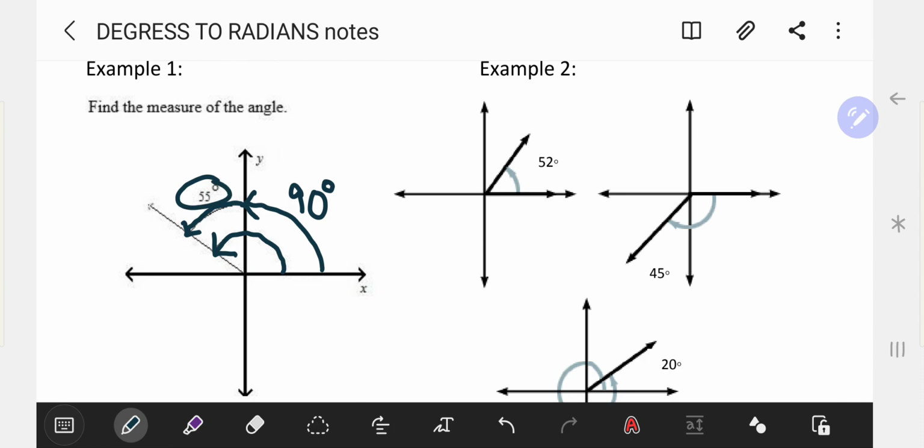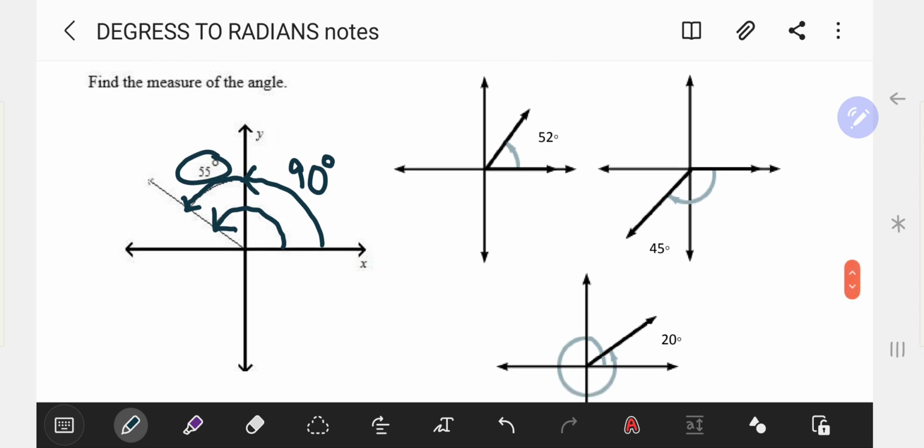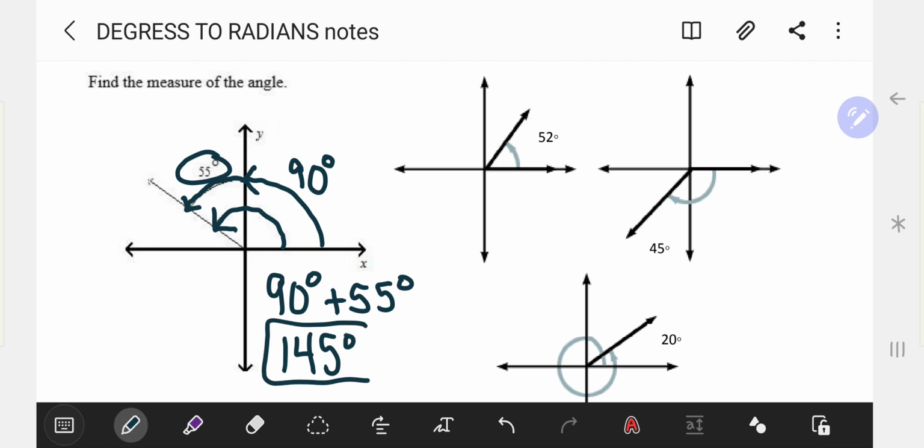So to get the entire angle, I add 90 degrees plus 55 degrees. Quadrant 1 plus 55 more gives me a total measurement of 145 degrees.